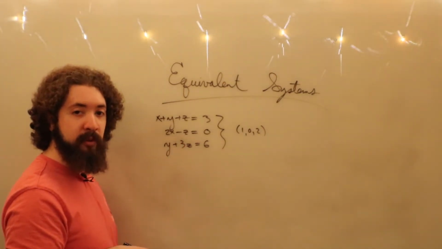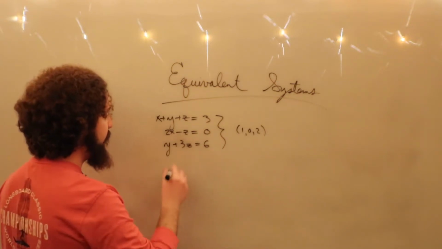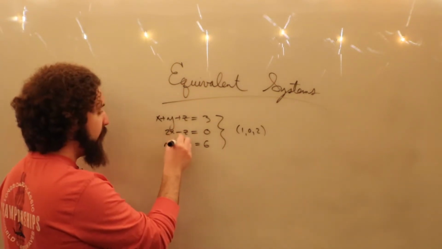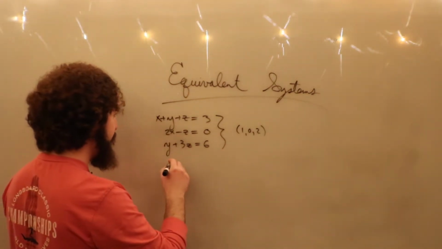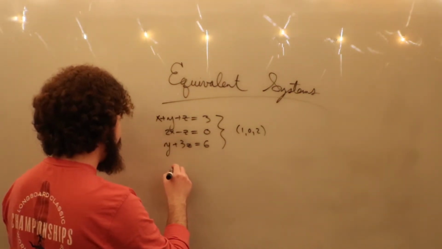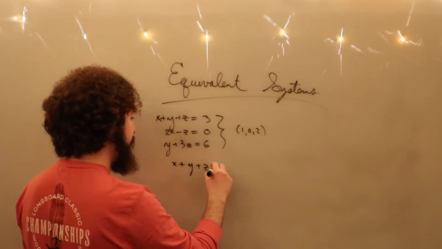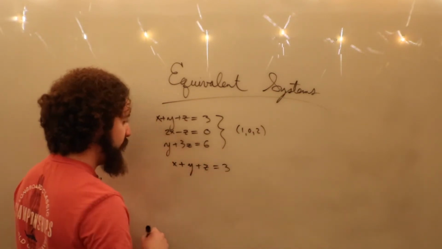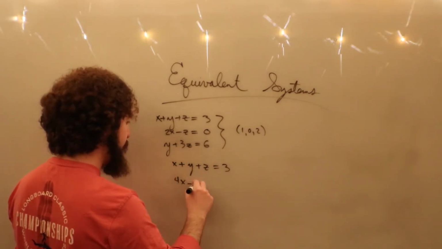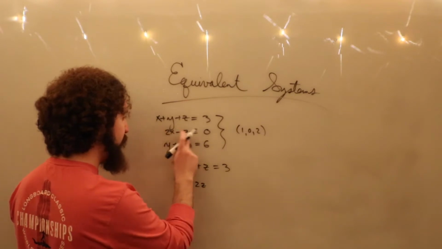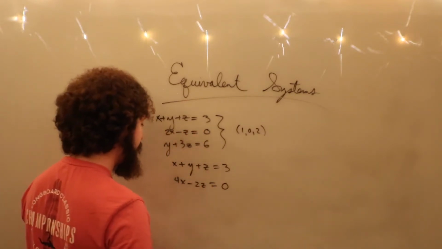Now let's add a multiple of a row to another row. In particular, let's add 2 of row 2 into row 1. So we're going to have x plus y plus z is equal to 3, and we're going to have 4x minus 2z, we're multiplying this by 2, is equal to 0.